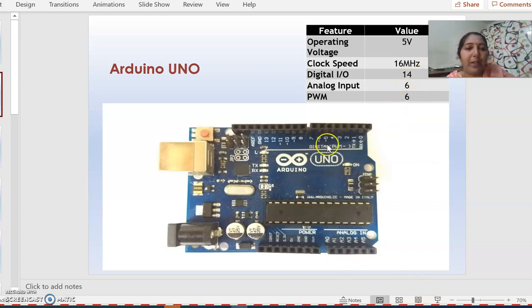And one more point is, if you observe these digital pins, some pins are represented with a tilde symbol. These pins are called PWM pins. And here we have 6 PWM pins in our Arduino board.